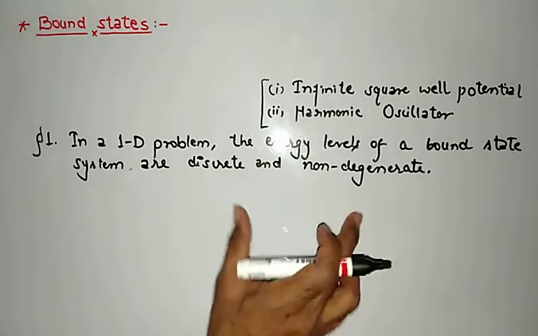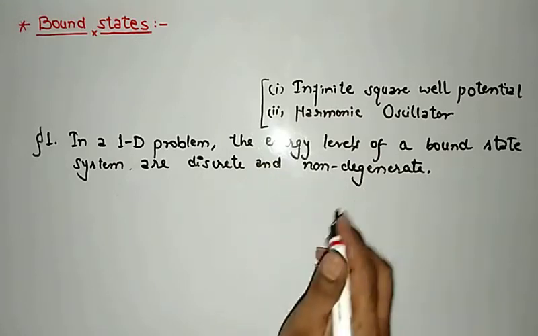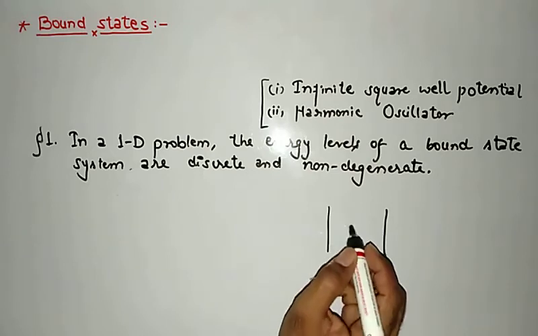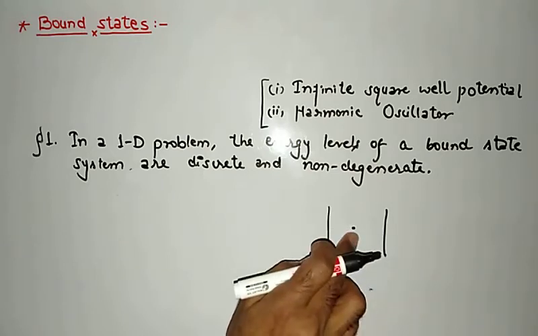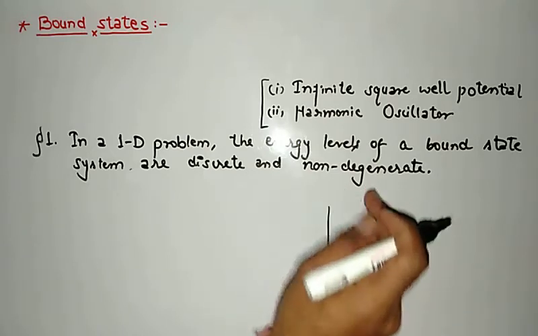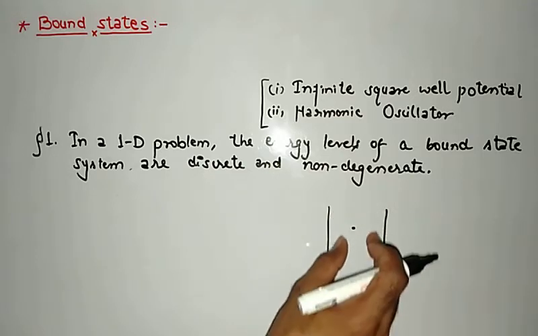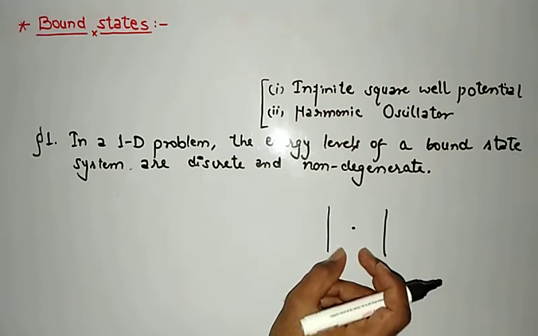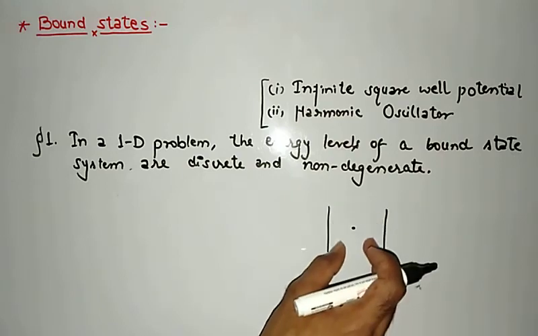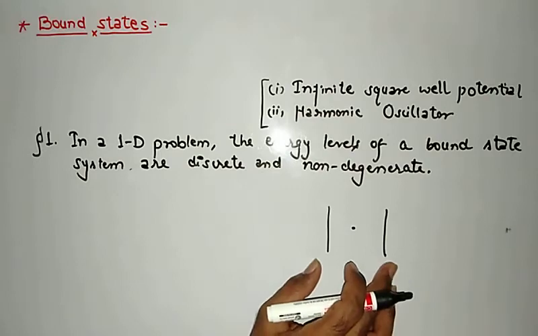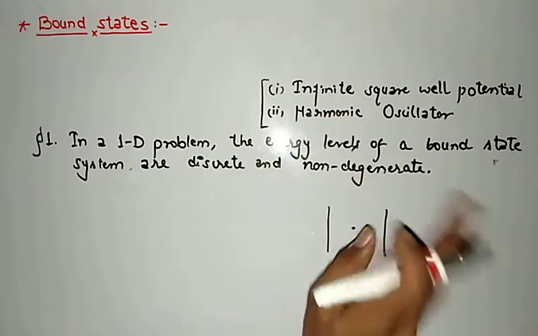Means whenever we deal with such bound states, the energy levels of this system will not allow all the energy levels. It will allow some specific energy levels, that is discrete, and also non-degenerate.